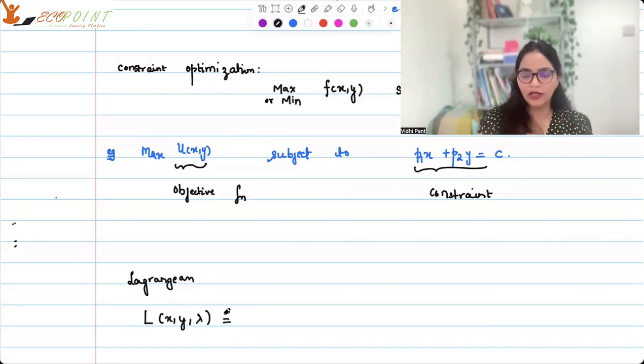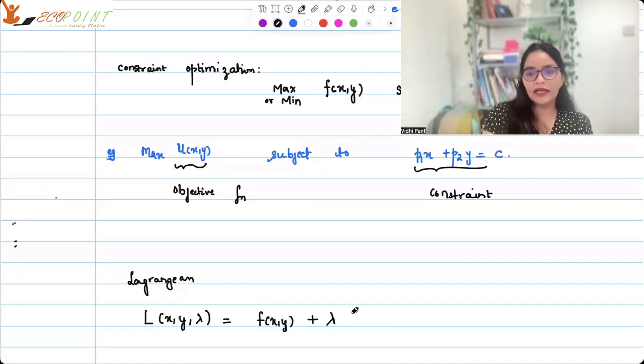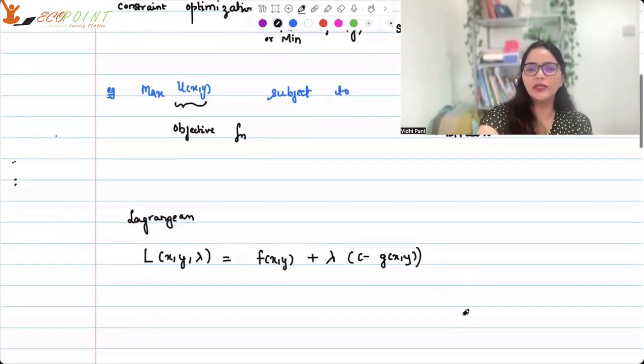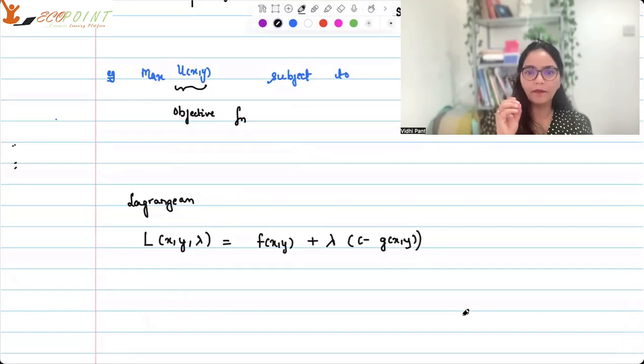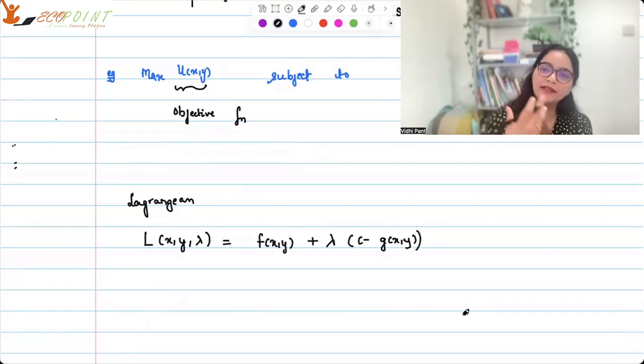This is your Lagrangian, which is equal to f(x,y), the objective function, plus lambda times (c minus g(x,y)). So what essentially you're doing is combining the constraint and the objective function to create this new function, the Lagrangian.